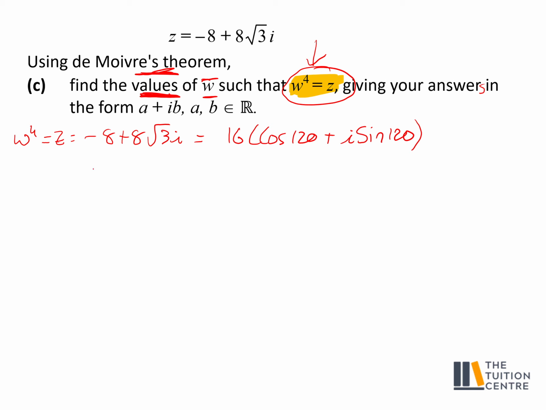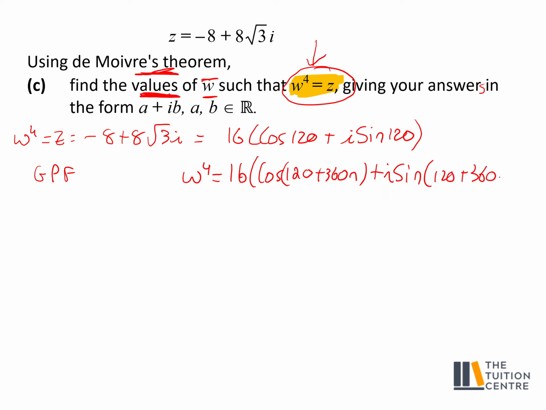Now I'm going to go into what they call general polar form, and I can say that w to the power of 4 is equal to 16 times the cos of 120 plus 360n plus i sine of 120 plus 360n.